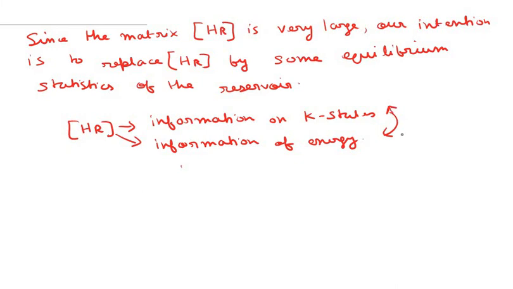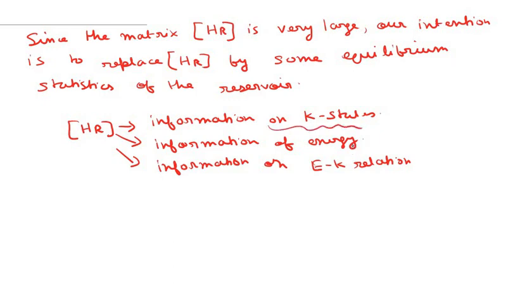And when we have all the three, or let us write it here, information on the EK relation, when we have all the three, we can basically know the information about the density of states. Actually, this information on K states is also given by the boundary conditions, but let's not delve into too much detail.